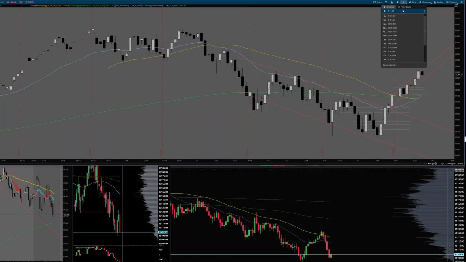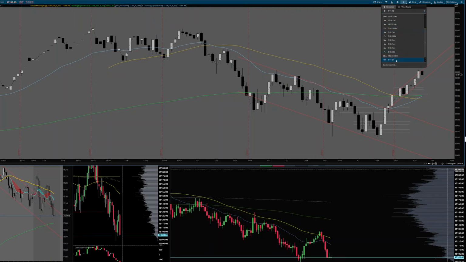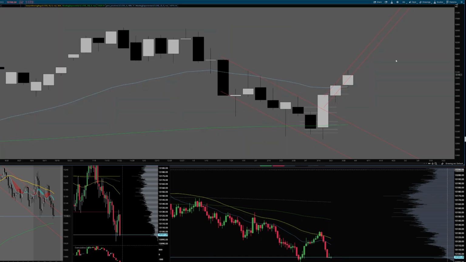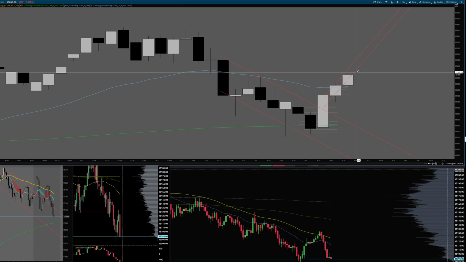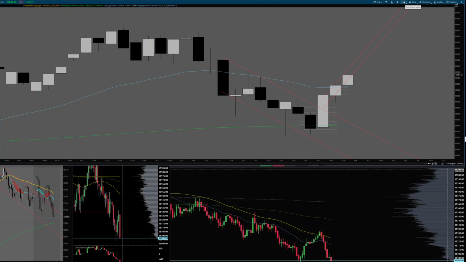And I also look at the weekly. On the weekly we went sideways here, and then we went down, and then now we are going up. This gives you the whole perspective of where the movements are going to be, and it will help you on the smaller time frames.